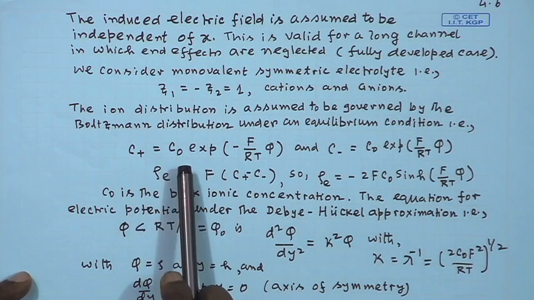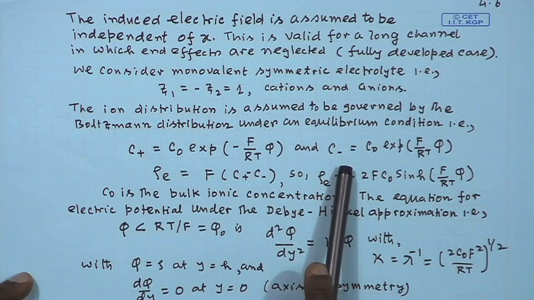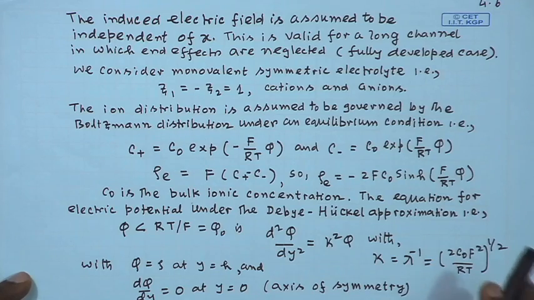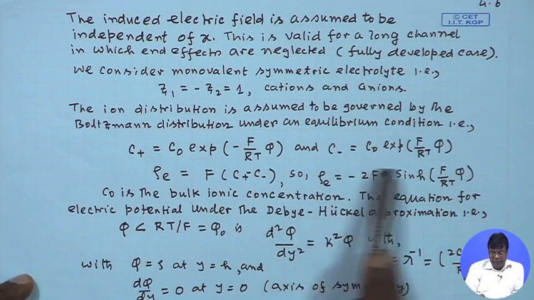So, we can write the distribution of ions, C plus for the positive ions and C minus, as governed in this way. That means at a certain point, if I get the electric potential phi, through that phi one can obtain the ion distributions C plus and C minus.